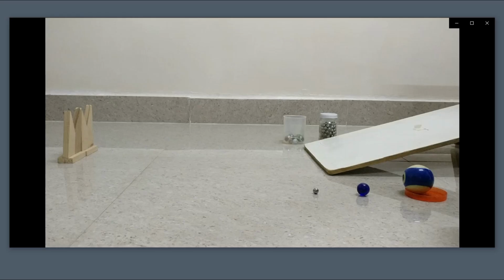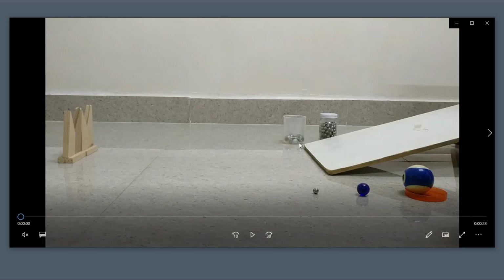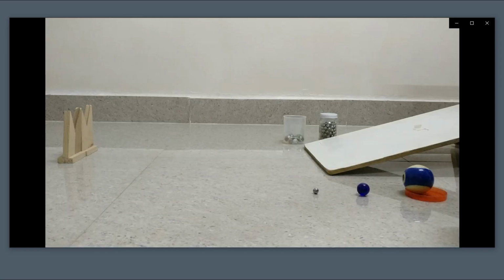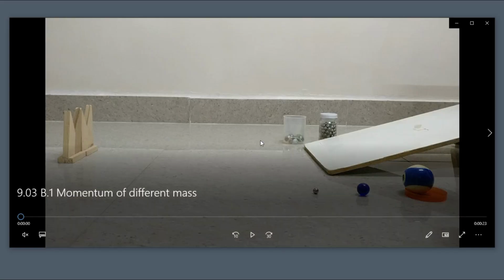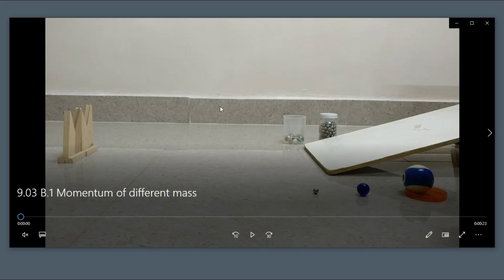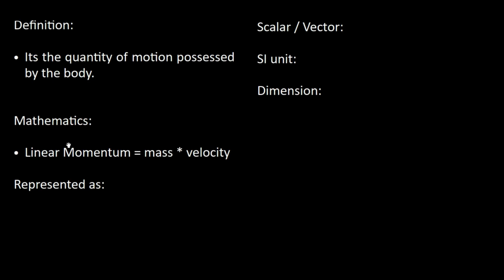It's not exactly true, but we'll consider that they gain the same velocity. There are a lot of factors like the board and its surface, but approximately they'll gain the same velocity. So all of them have the same velocity, but their mass is different. So their destruction power is different. That's what we are trying to discuss over here. And that quantity is called linear momentum. It's represented by small p.